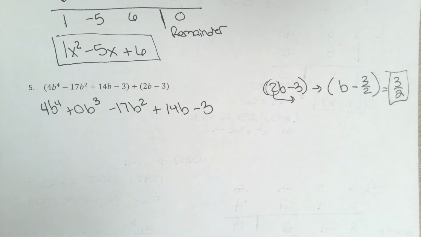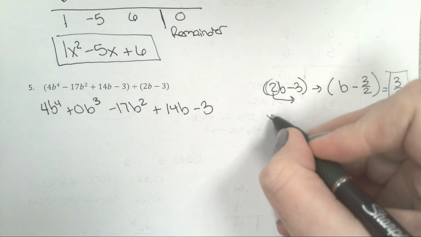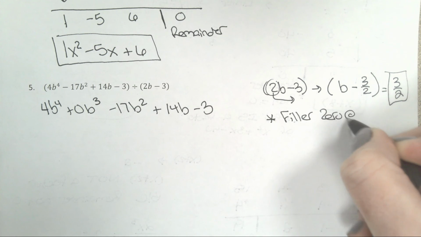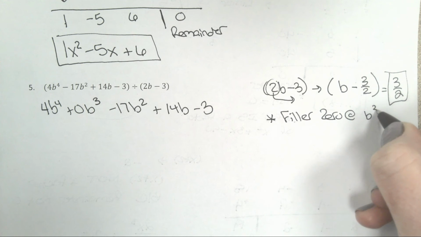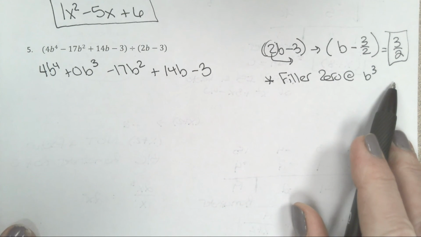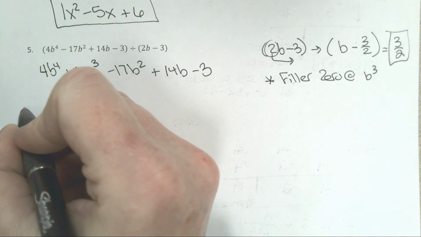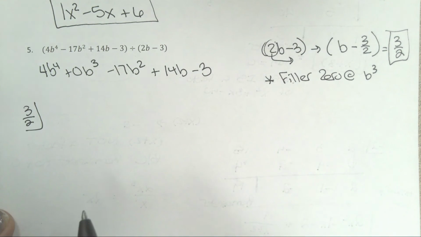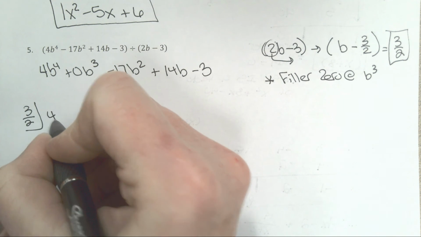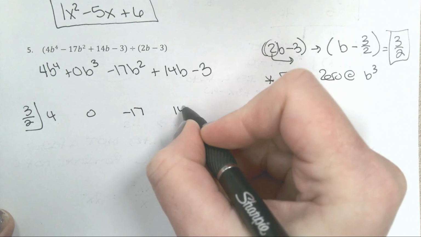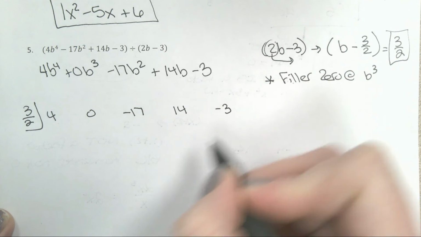All right, so I had to add filler zeros at b to the 3rd. Now I'm ready to set it up. So 3 halves is my divisor. My coefficients are 4, 0, negative 17, 14, and negative 3.